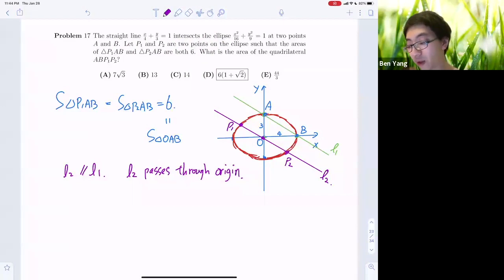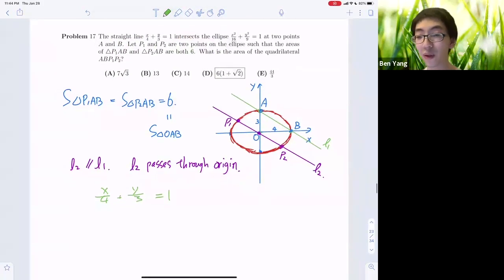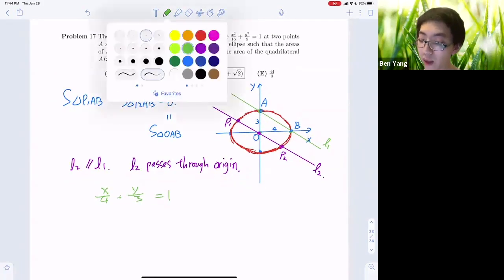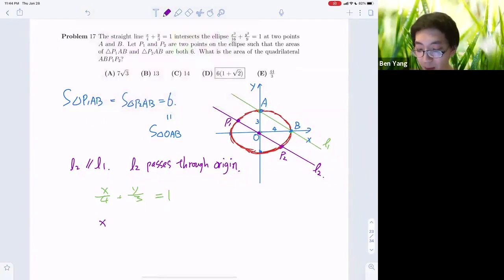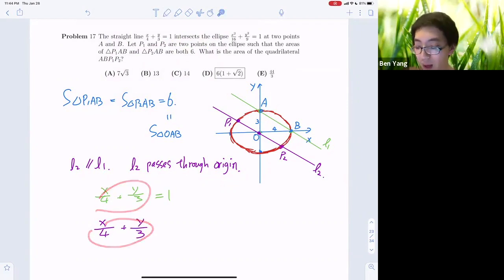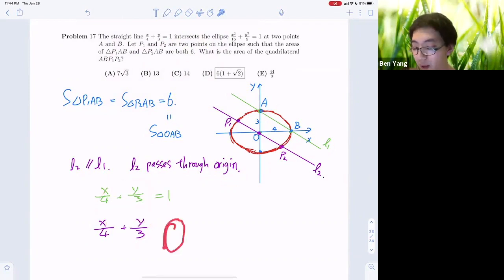Cool. Now let's try to find the equation for L2. We know the equation for L1. That's x over 4 plus y over 3 is equal to 1. If we want L2 to be parallel to L1, then we'd better have x over 4 plus y over 3, the same as the equation for L1. We only need to change the constant.